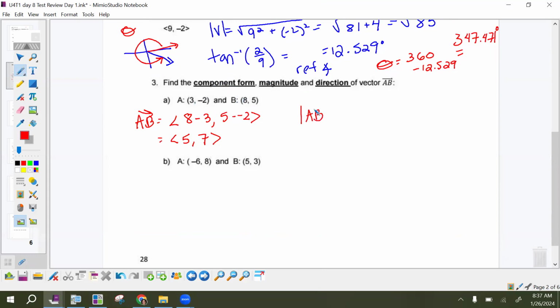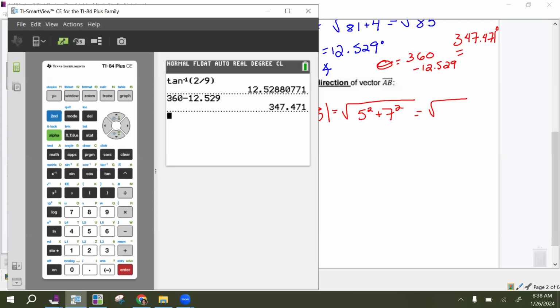Now we've got magnitude. I'm going to leave the value exact. That's the square root of 74.